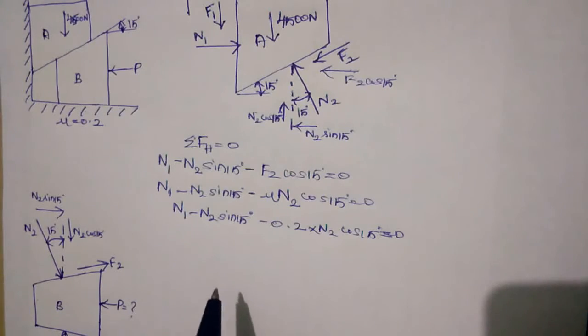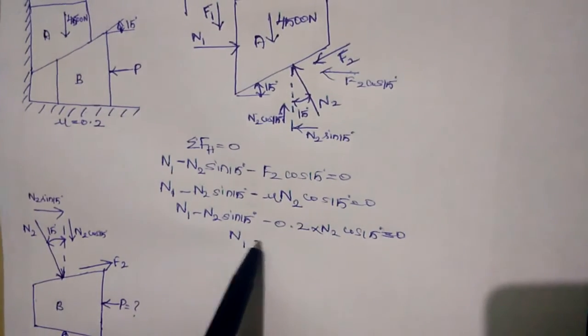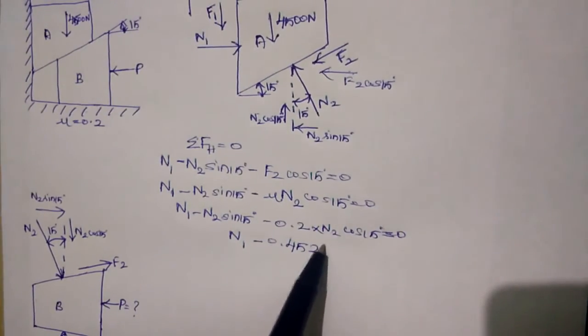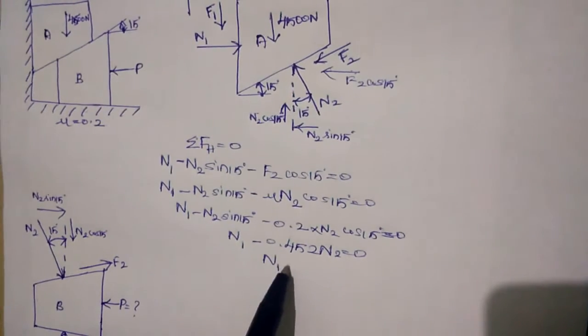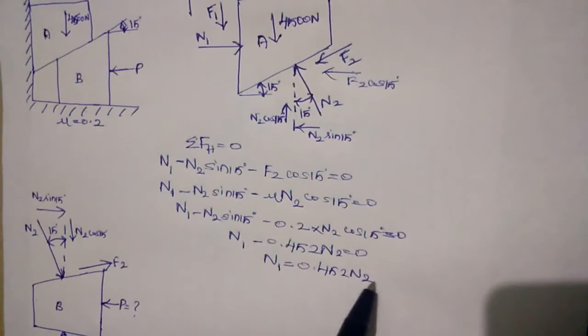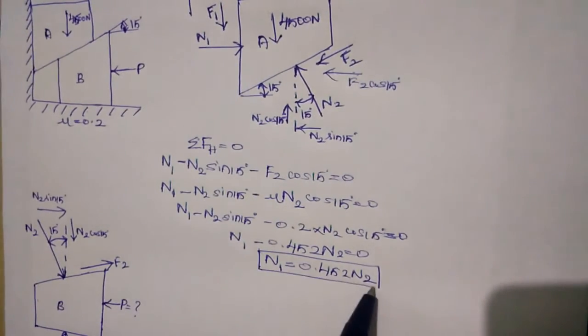Solving this equation, we get N1 minus 0.452 into N2 is equal to 0. Therefore N1 can be written as 0.452 of N2. This is equation 1.